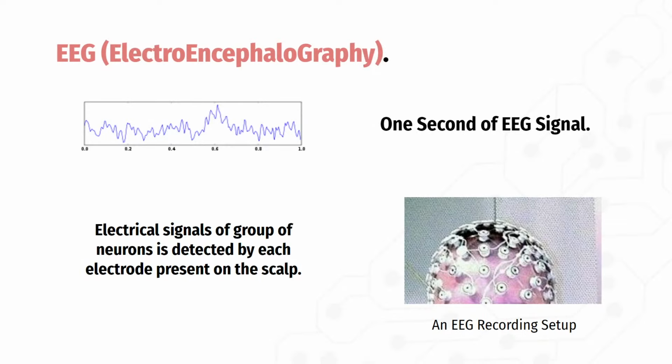So first of all, let's talk about electroencephalography. Cephalon is head or brain in Greek, right? So electroencephalography is exactly what it sounds like, measuring the brain through electricity. One second of an EEG signal is pictured as follows, and you can see that in a single second, a single sensor of an electroencephalography apparatus gives us so much information.